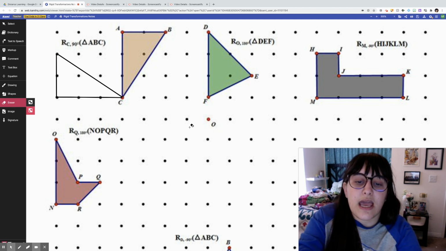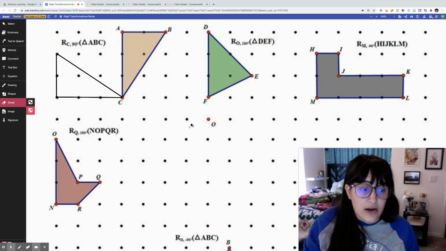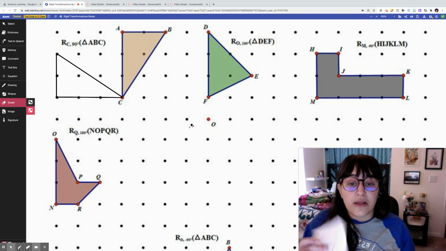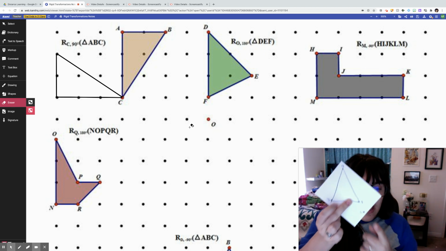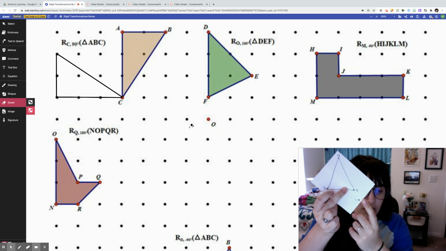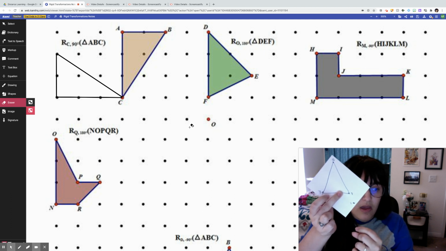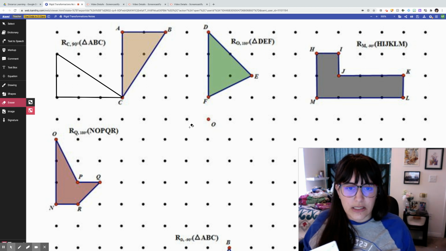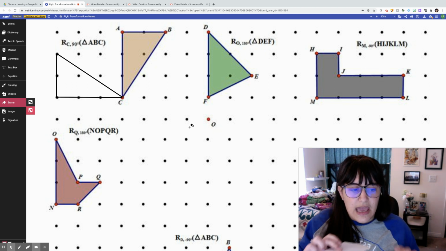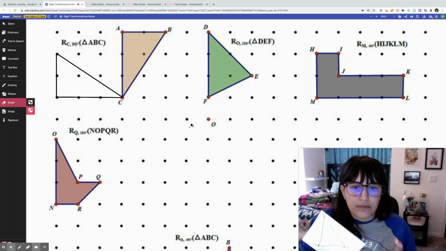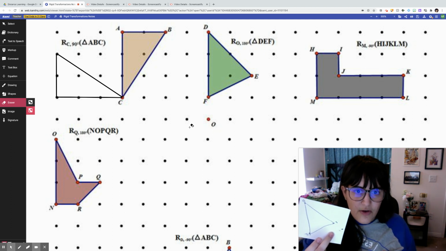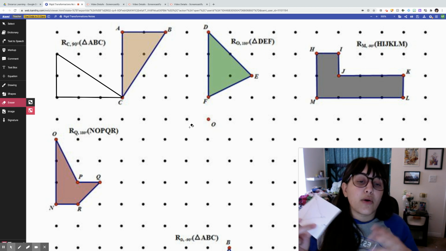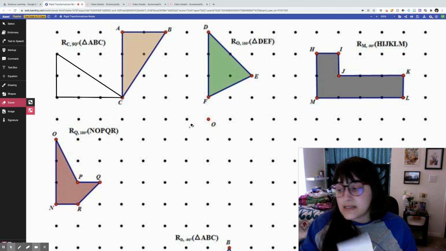Just like when you did this with the line of reflection, that you wanted the line of reflection to line up after you flipped it, the same thing has to happen here, but with the point that you're rotating around. That point has to line up on top of where the original point was, so that you know that you've rotated it far enough and that the points are going to be the right distance away from the center.